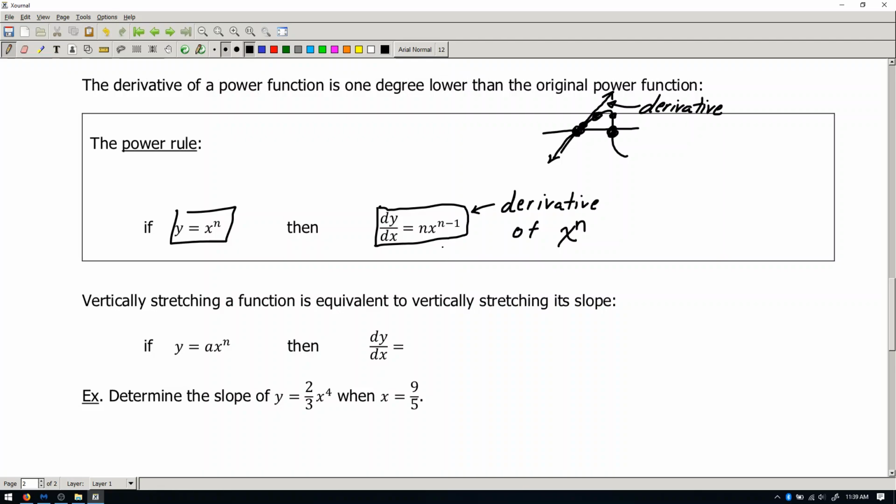Now, how do you evaluate the derivative? What's the pattern? What do I do? Well, I take the exponent, which is n, and I bring it down, and I multiply it by whatever number is in front. I then take the exponent and I subtract 1 off. That's it. That's how I determine the derivative.